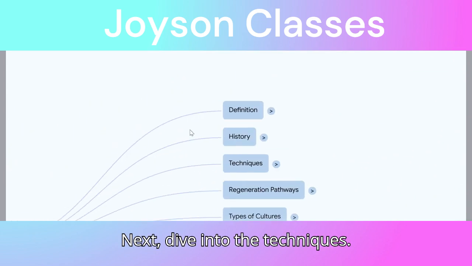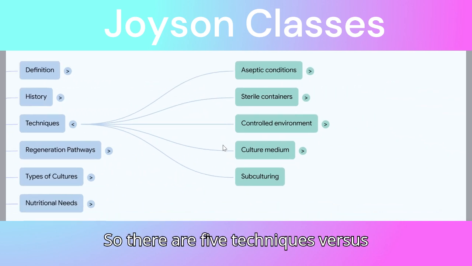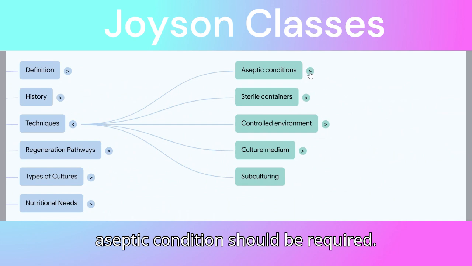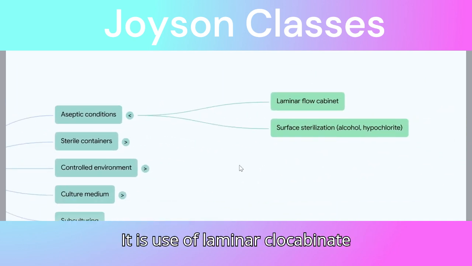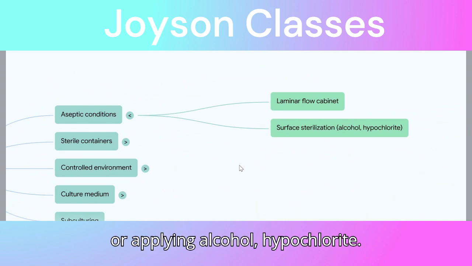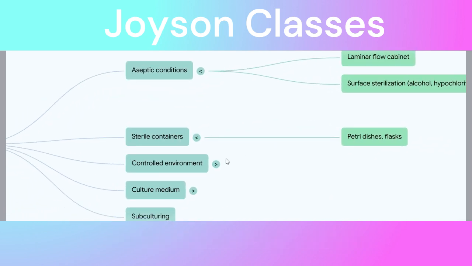Next, let's dive into the techniques. There are five techniques. First, aseptic conditions are required: use of a laminar flow cabinet and surface sterilization by applying alcohol or hypochlorite. Next, sterile containers, petri dishes and flasks.